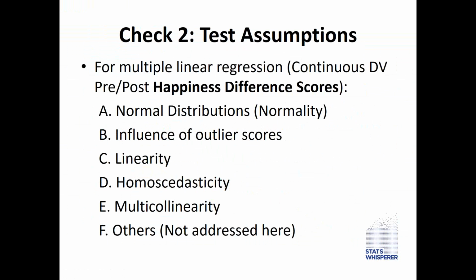First, the normal distribution. Then influence of outlier scores. Then linearity, homoscedasticity, multicollinearity. Those are the major ones we'll consider here. There's a few others we won't address here, such as homogeneity of variances. But typically, if these bigger ones are okay, the smaller ones will be handled.